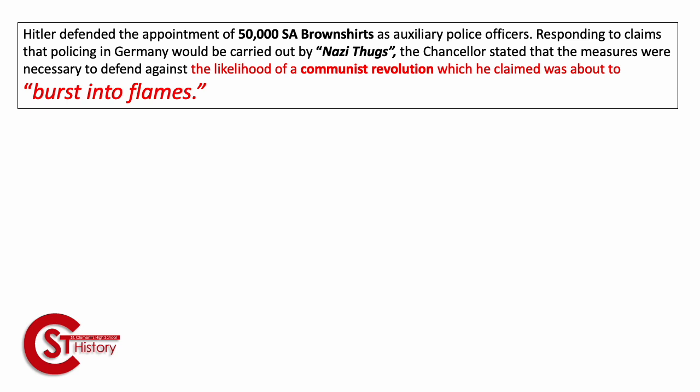So the Chancellor then gets up and he states that the measures were necessary to defend against, and again quoting, the likelihood of a communist revolution, which he claimed was about to, quote, and this is important, burst into flames. So Hitler is essentially saying the reason we've got the brown shirts in is because we expect any second a communist revolution in the streets.